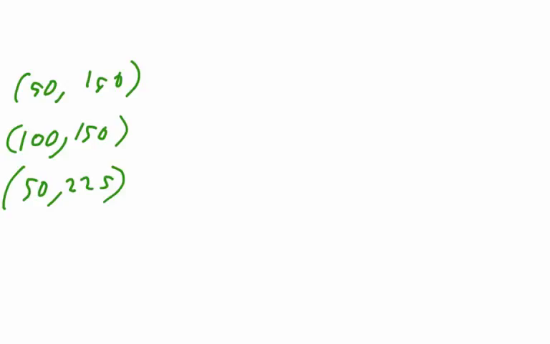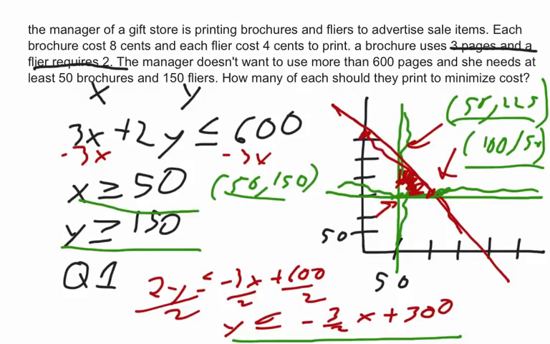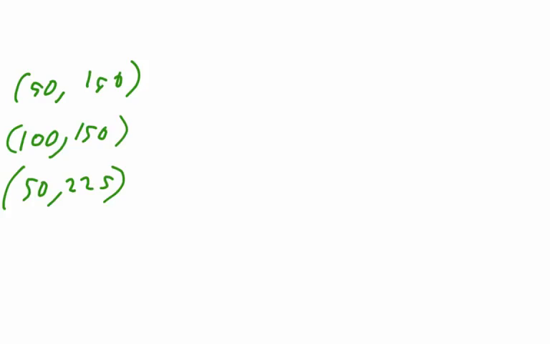And let's go back to read the problem. We're talking about the cost that we're trying to minimize, which says 8 cents for each brochure and 4 cents for each flyer. So we're going to do 8x plus 4y and leave that in cents as my function for the cost.